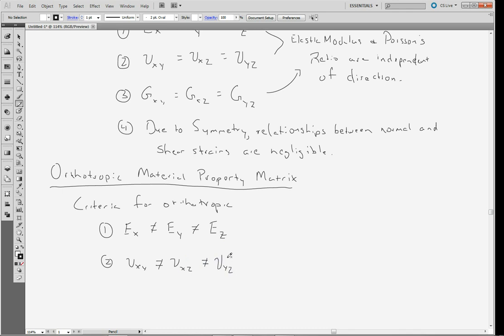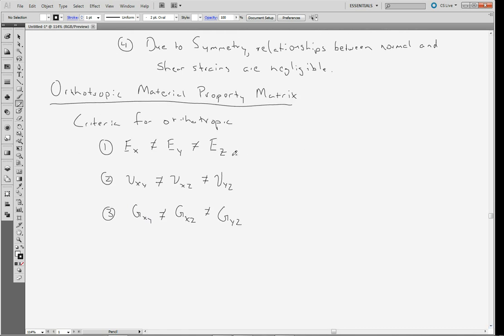Okay? And furthermore, X and Y for the shear modulus is not the same as X and Z, and is not the same as Y and Z. We'll come back and revisit these at the end. The one that will still apply is this symmetry effect.